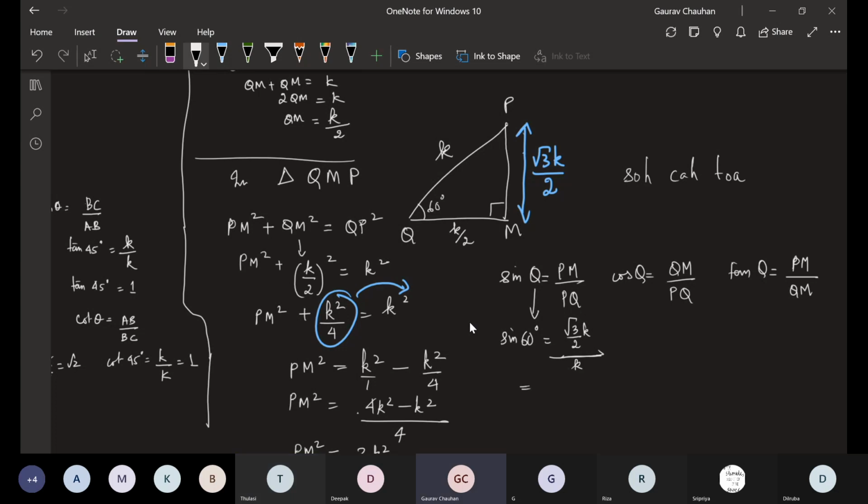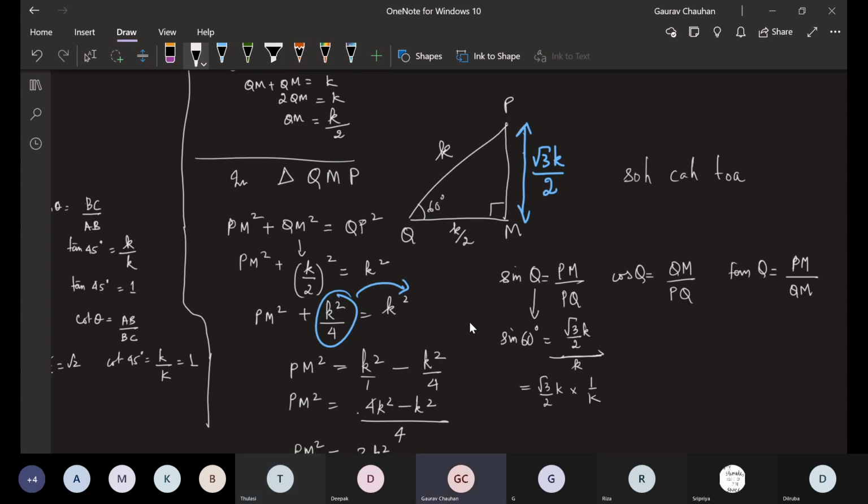Can you write it in a simpler form, for a layman to understand? Sir, it will be root 3 by 2k into 1 by k.